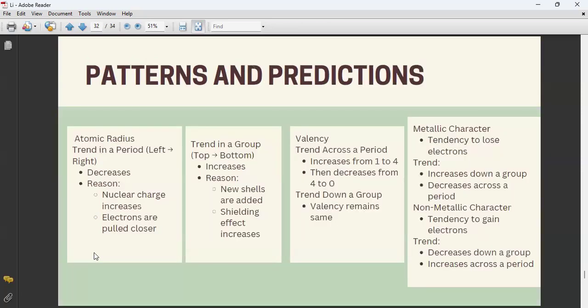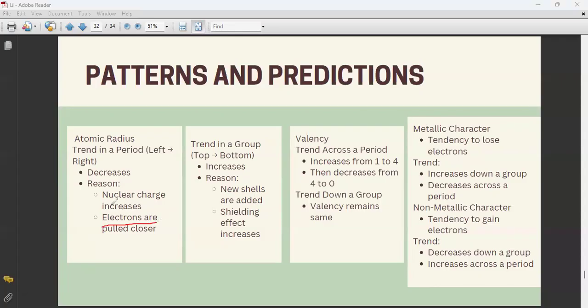Now, patterns and predictions. As we have already seen, atomic radius trends in the period: from left to right, atomic radius will decrease. Atomic size will decrease because nuclear charge has increased and electrons are pulled closer together.